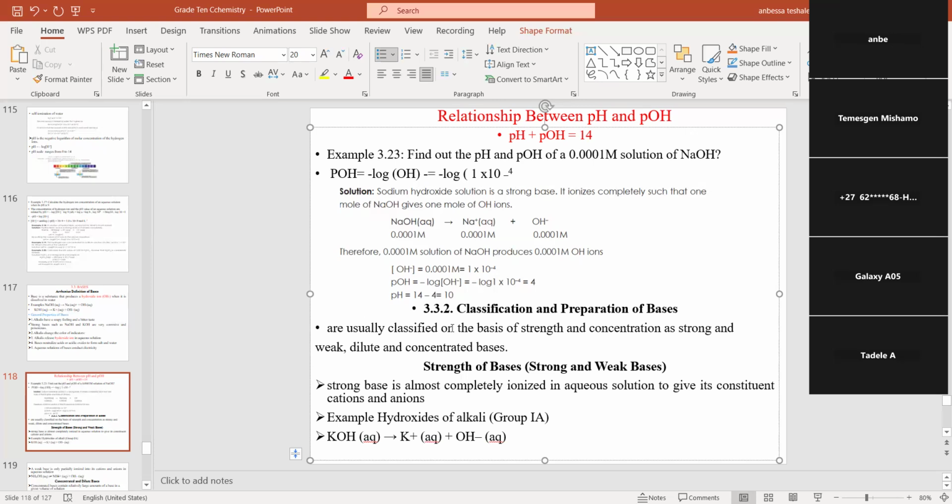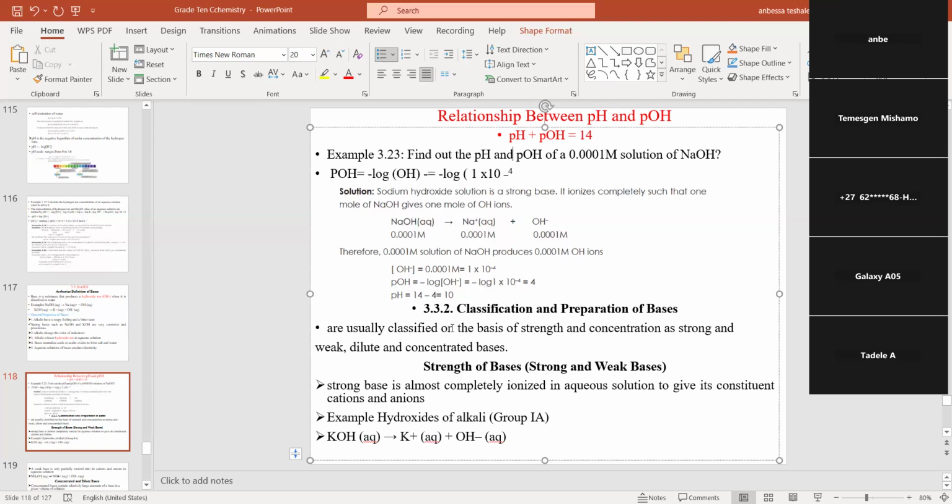The other issue is classification and preparation of a base. Like that of the acid, we can classify base in different ways. One is by its strength and weakness. When we come to the strength and weakness of a base, we look at dissociation in aqueous solution. If it is completely dissociated in aqueous solution and gives hydroxide ion, that substance is a strong base.